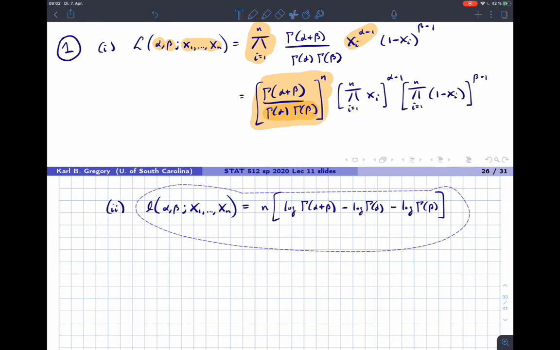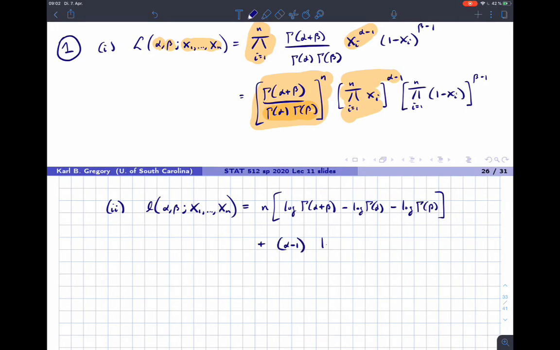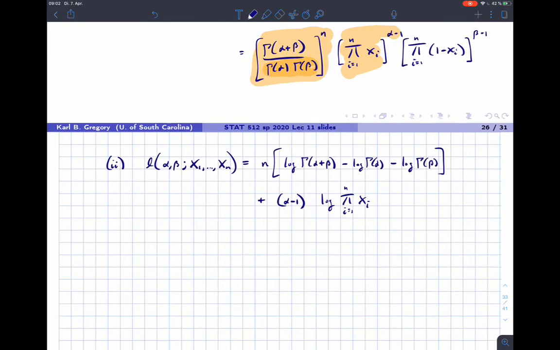Okay, let's go down to the second line. The log of this part is going to be alpha minus 1. And then we have the log of this product, but we're getting more comfortable with logs of products now. I pass the log through the product, and the product becomes a sum, like that.